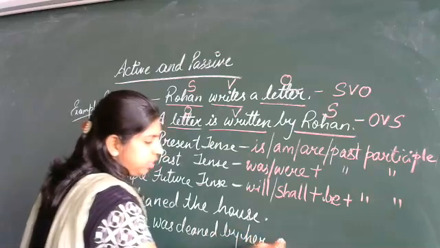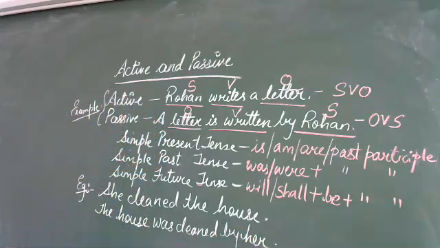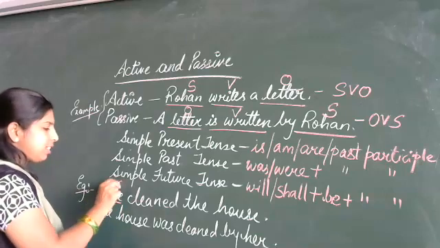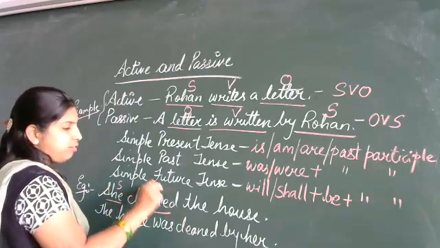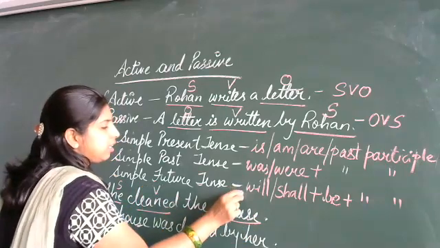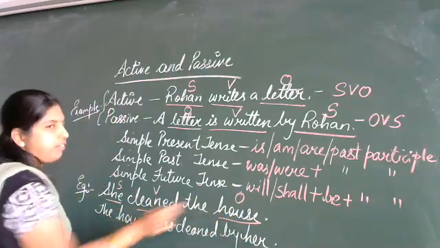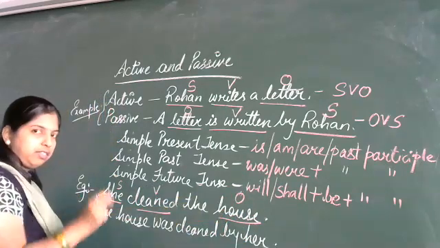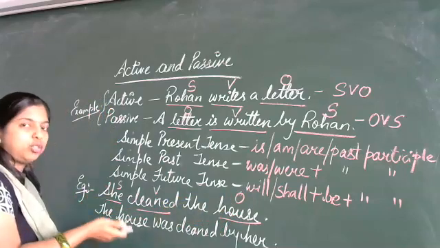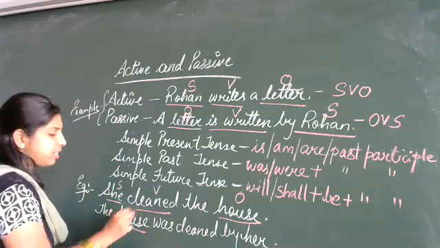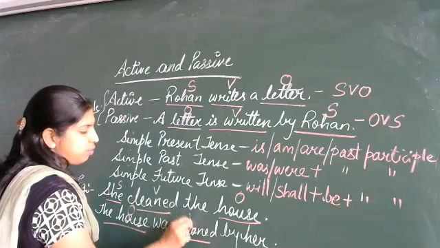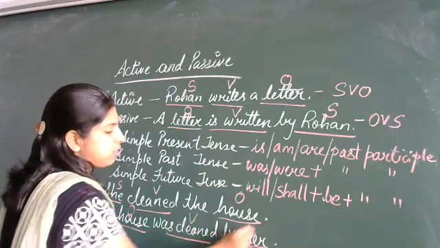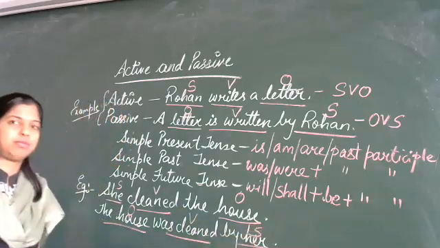Very good. Yes, by her. Now see here, this was the subject, this was the verb, and this is an object. When we change it to the passive, this is an object, this was a verb, and this her was the subject.